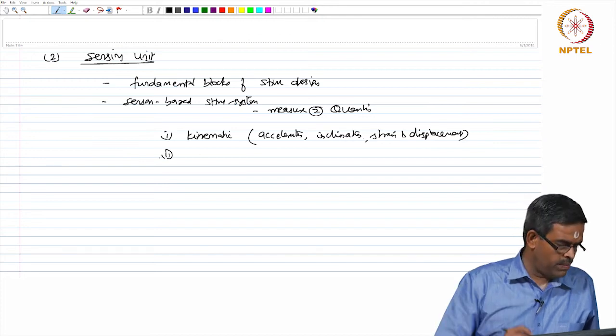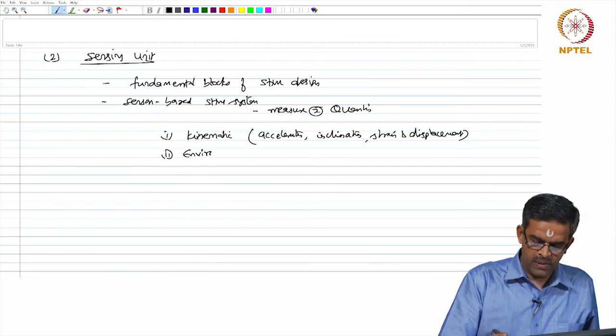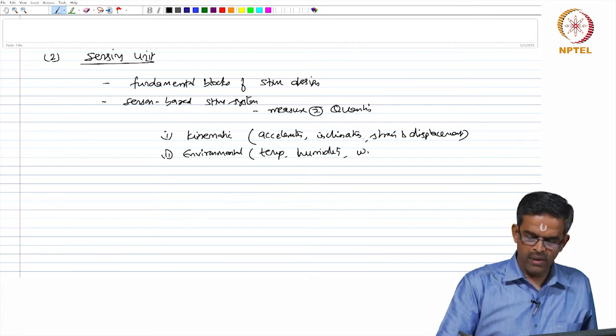The second is environmental quantities like temperature, humidity, wind direction and speed, etc.